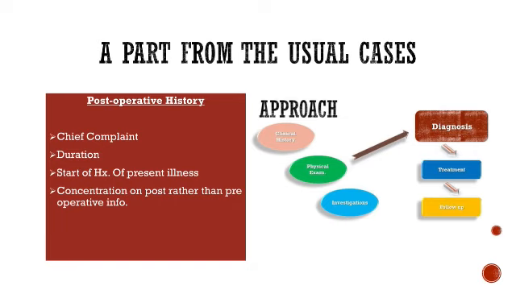The next paragraph of the history is the present illness. The start of the history of present illness is completely different. It is usually preferred to have 2 or 3 lines about the pre-operative condition, but the history of present illness usually starts from admission of the patient to the operative theater.